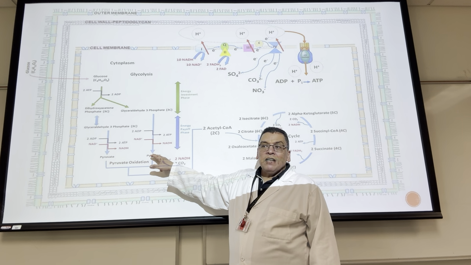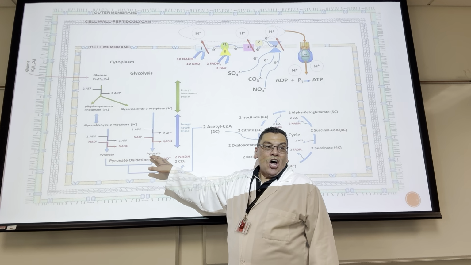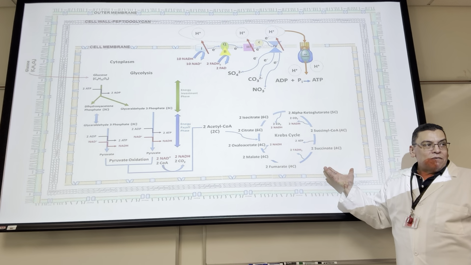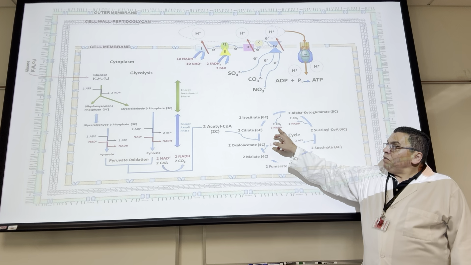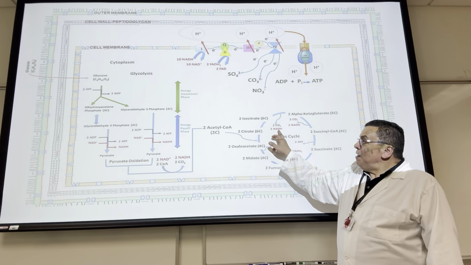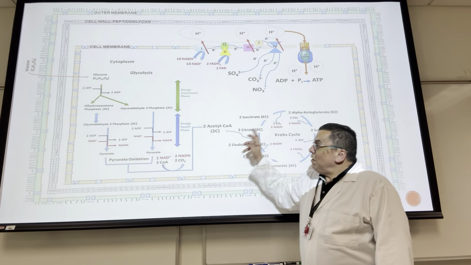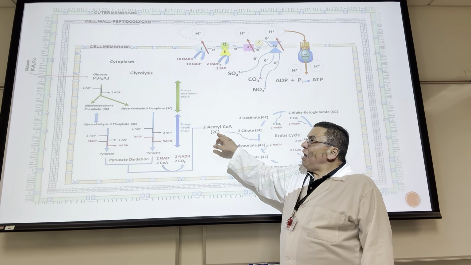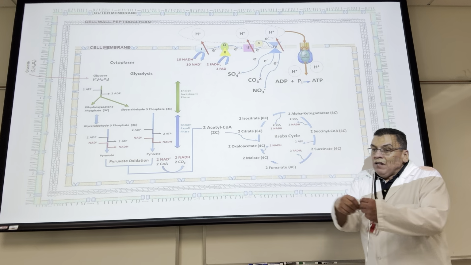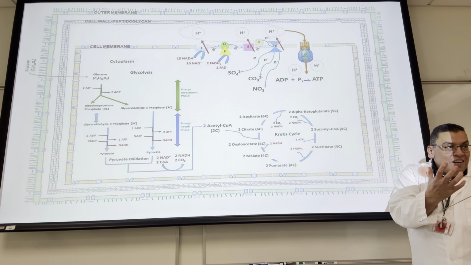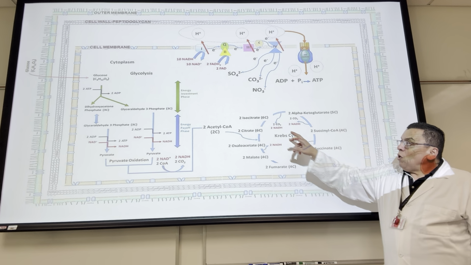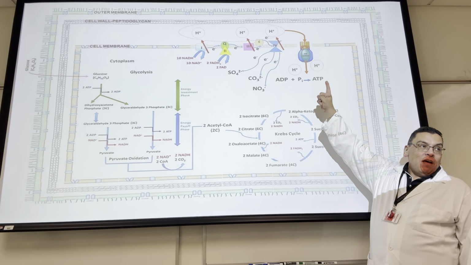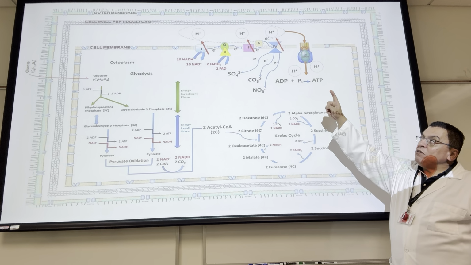Listen to me, please. It still has harnessed energy that you're going to release in the Krebs cycle, right? This is part of the harnessed energy. When you make NADH, where did that come from? From the harnessed energy that's still in pyruvate, that is now in acetyl-CoA. You're releasing the energy in the bonds, in the electrons, in the hydrogen, storing it in NADH for delivery to the electron transport chain.